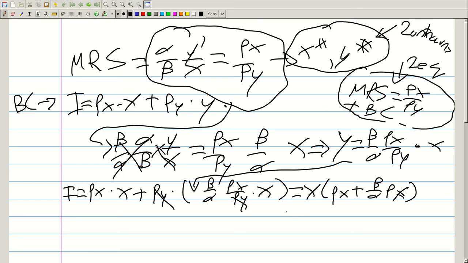Okay, so just to simplify that down, I'll pull out the px and be left with 1 plus beta over alpha on the other side.